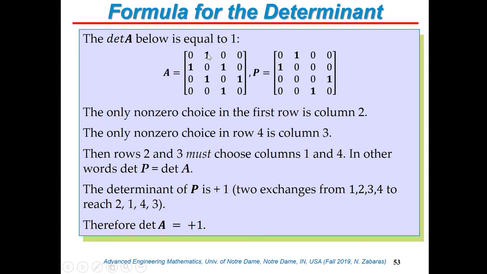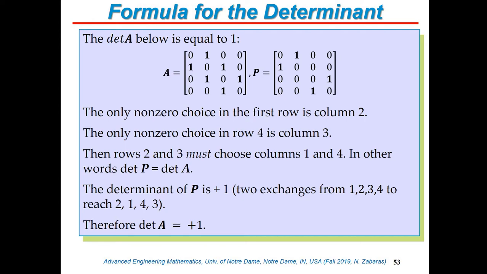Remember, row 1 and column 2 are taken. Let me proceed to row 4, because row 4 has only one non-zero element. So in row 4, I am going to use column 3.